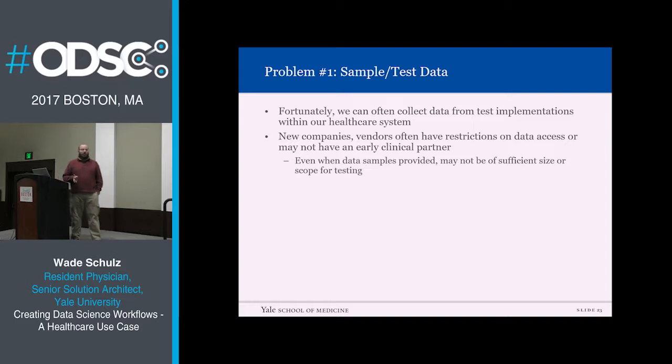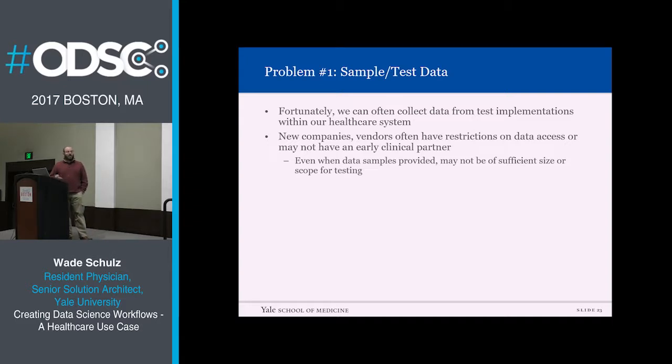So problem number one in healthcare data science in general, and this is for every data set, is that finding sample data is problematic. Trying to find healthcare data that you can actually look at and play with in any appropriate volume is very difficult due to privacy regulations and people just not taking the time to make it.